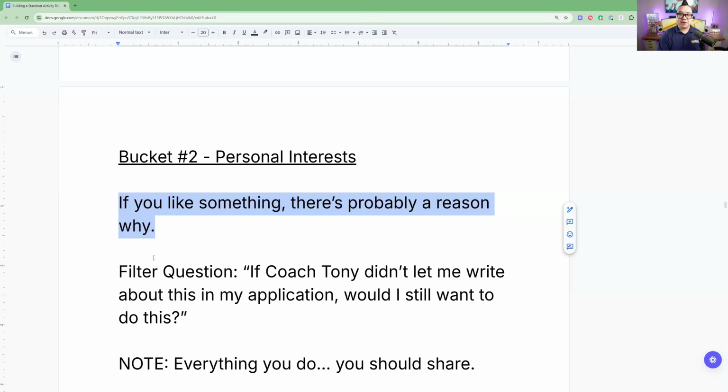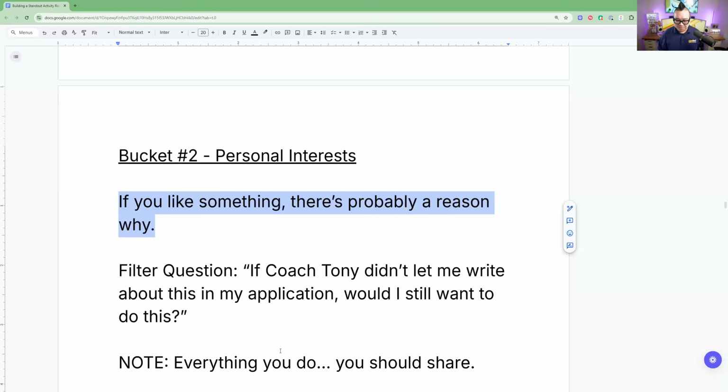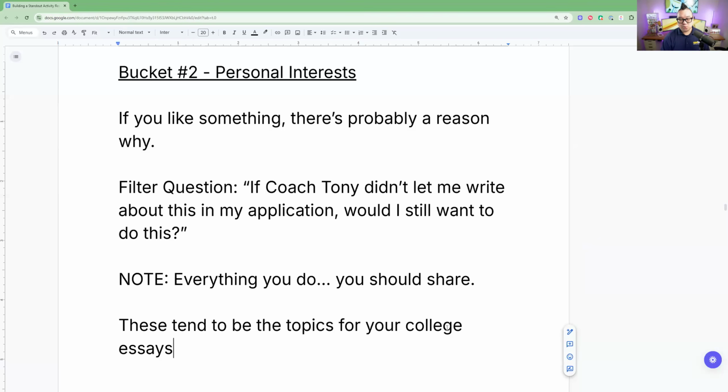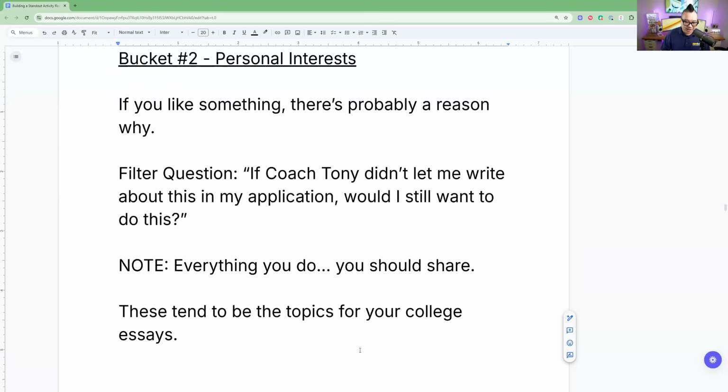This is who you are at your core. These tend to be the topics for your college essays as well. Sorry, if you don't do anything of this, it's hard, because then you talk about hackathons when everyone talks about hackathons. So it's very hard that way. Okay, so that's going to be the personal interest over here.